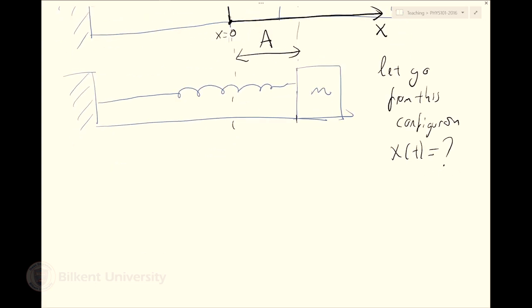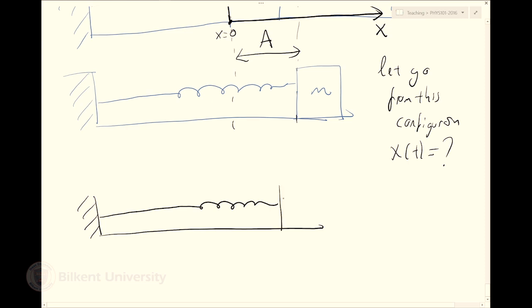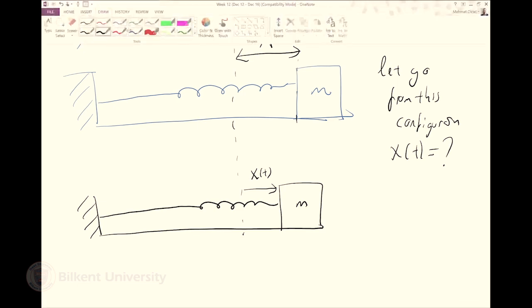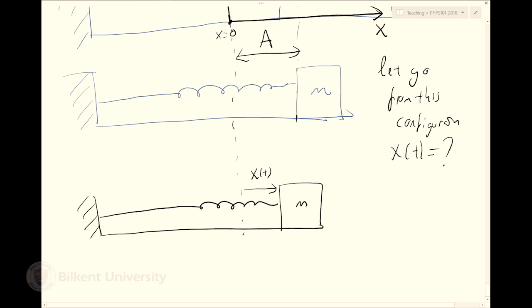So now at any moment, if my spring is stretched by x, what is the force acting on it? The force law for a spring was minus k times x.